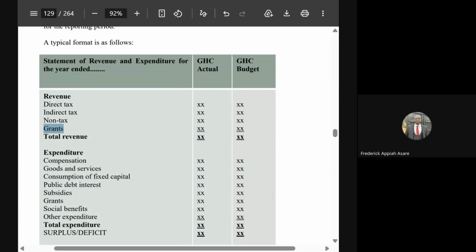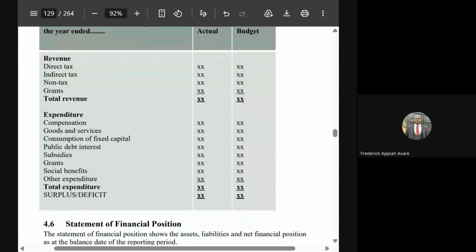When it comes to the expenditure, you will see compensation, which will cover all expenditure on salaries; goods and services, or expenditure on rendering services; consumption of fixed asset, depreciation; public debt interest, or interest on loans that they have gone for; subsidies, grants, social benefits, and other expenditure.